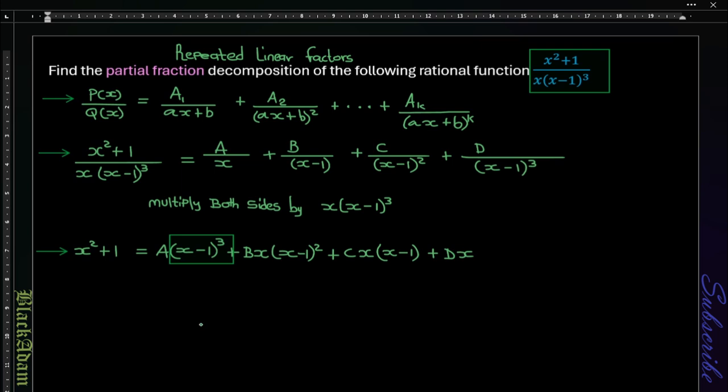The other thing is we need to expand x minus 1 cubed. Let's expand that: x minus 1 cubed will be x minus 1 multiplied by x minus 1 squared.